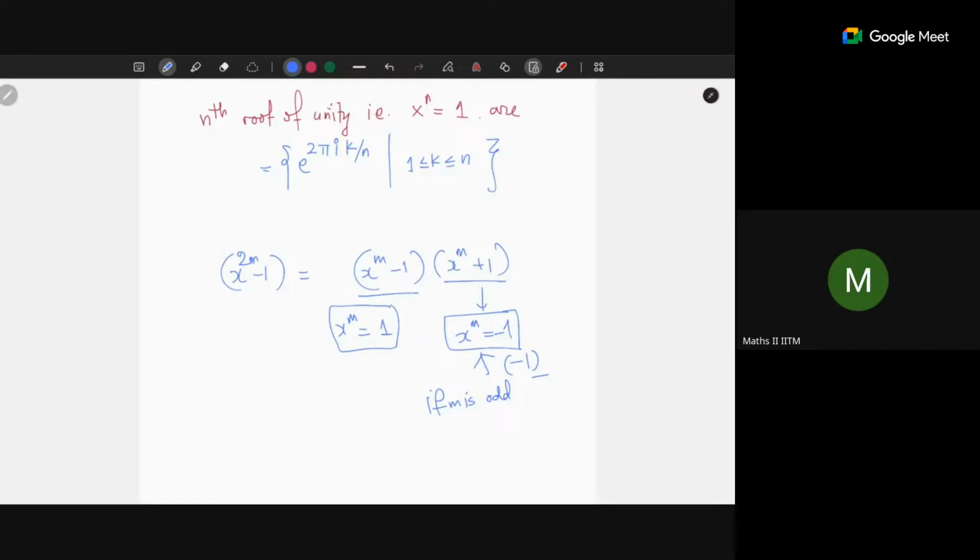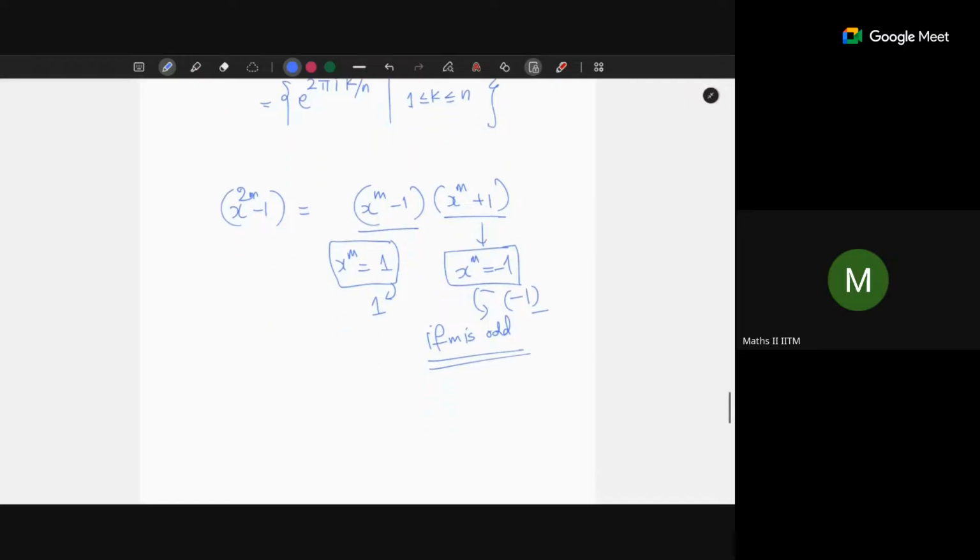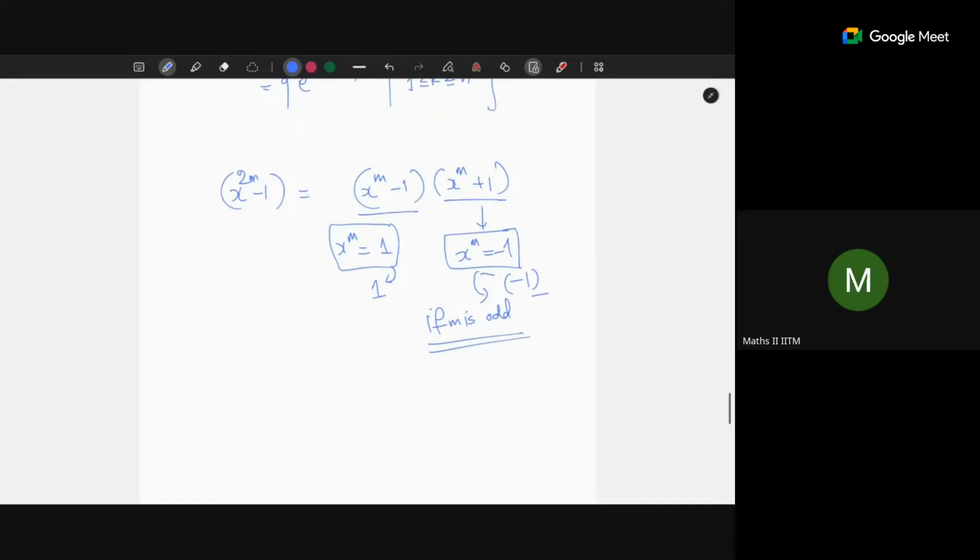So you will have plus 1 from here and minus 1 from here, if m is an odd number. But if m is not odd, then you might not have those, you will have all complex roots.